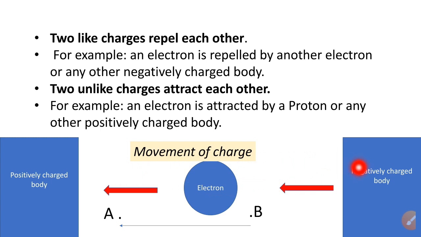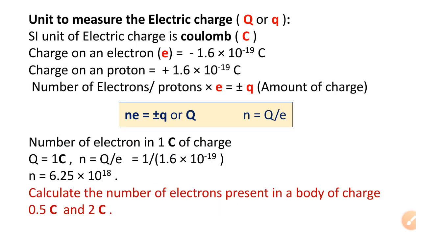Here this body causes force of repulsion, whereas this body causes force of attraction. Overall there is a movement of charge between those two charged bodies. Correct? So when the charge comes in motion, we will say that there is a current, there is a flow of charge. So let's see.